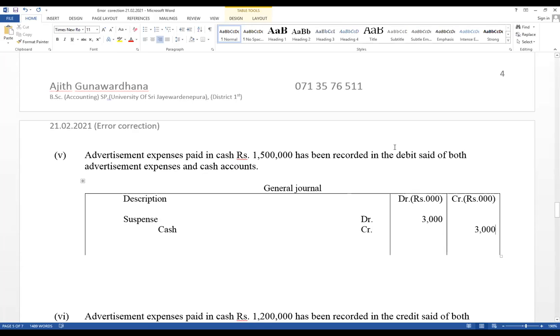So recording it on the debit side is wrong. It must be removed and also credited. The cash account must go to the credit side too. Therefore, now twice: suspense account debit, cash account credit, not 1500 but 3000. Narration: being correction of advertisement expense paid in cash has been debited, recorded on the debit side of both ledger accounts.